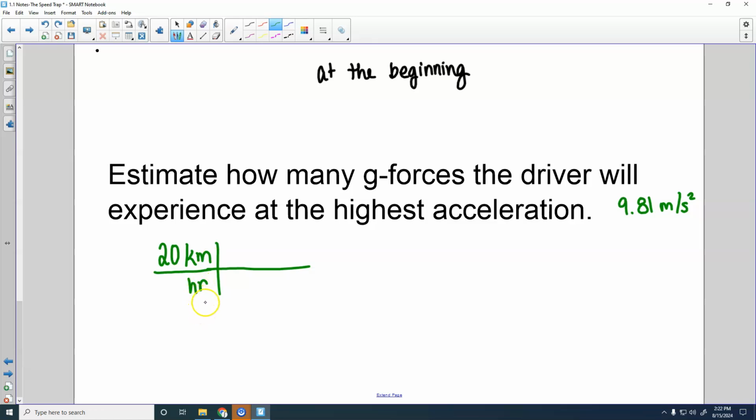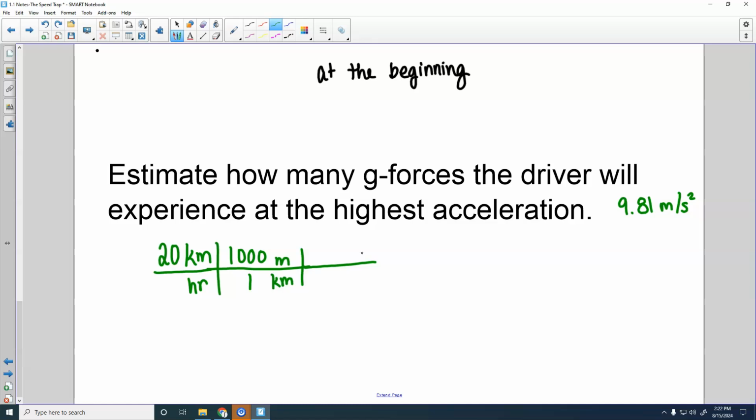So kilometers need to go to meters. If kilometers are on top here, I'm going to put them on bottom here, and that needs to change to meters. How many meters are in a kilometer? 1,000. That's why the metric system is so much easier than your, what is it, imperial? But as Americans, we're stubborn.